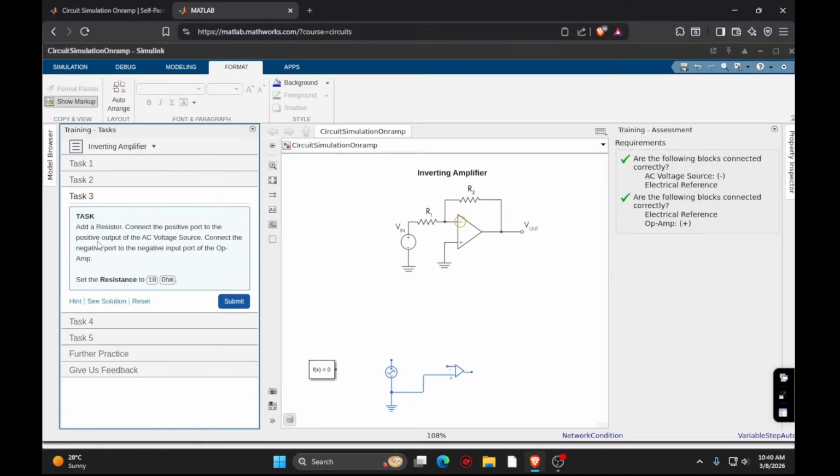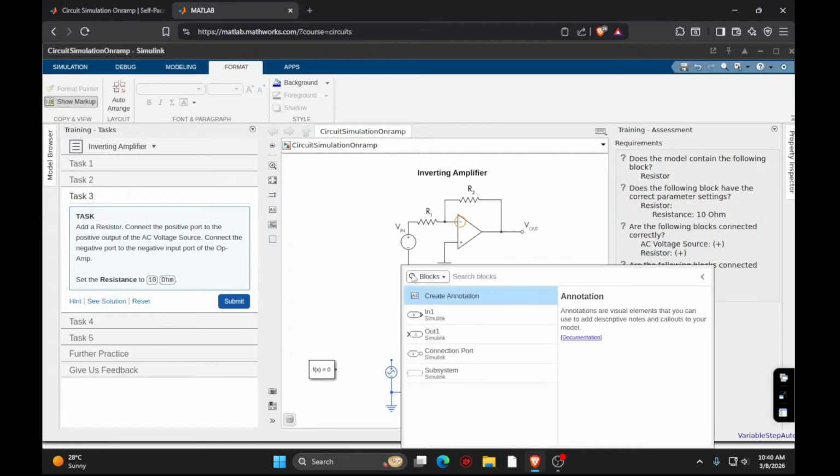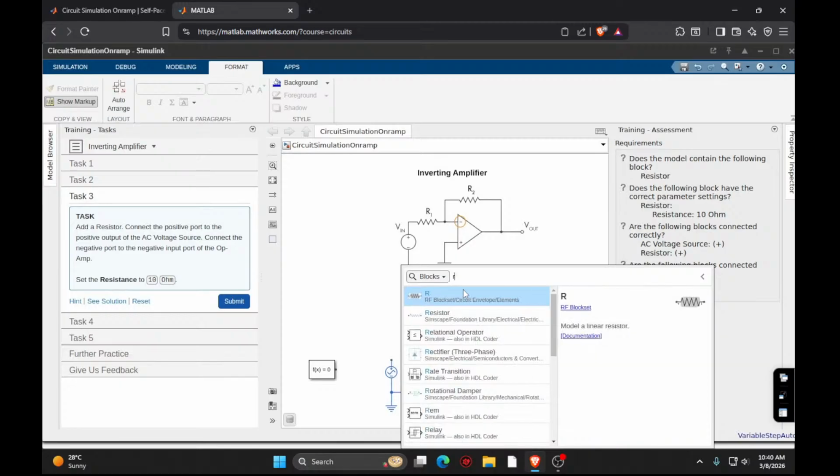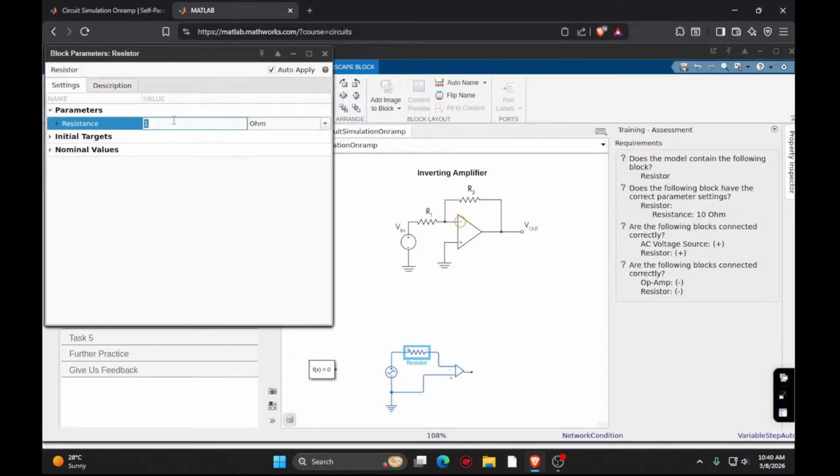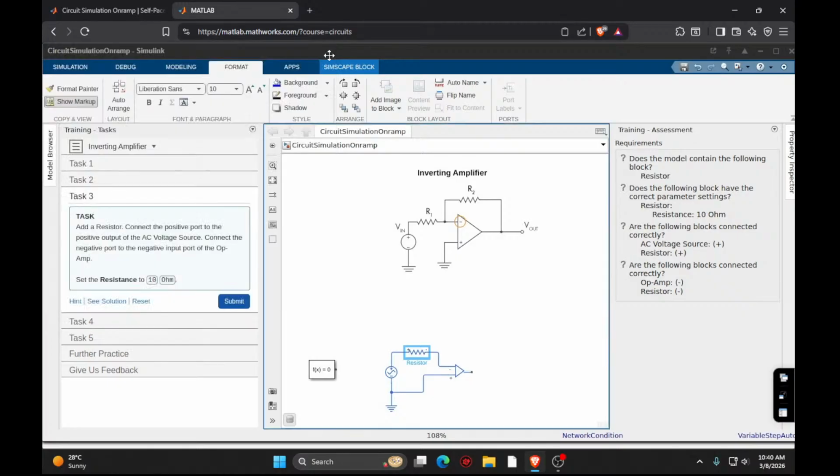Now add a resistor and set the value to 10 kilo ohms.